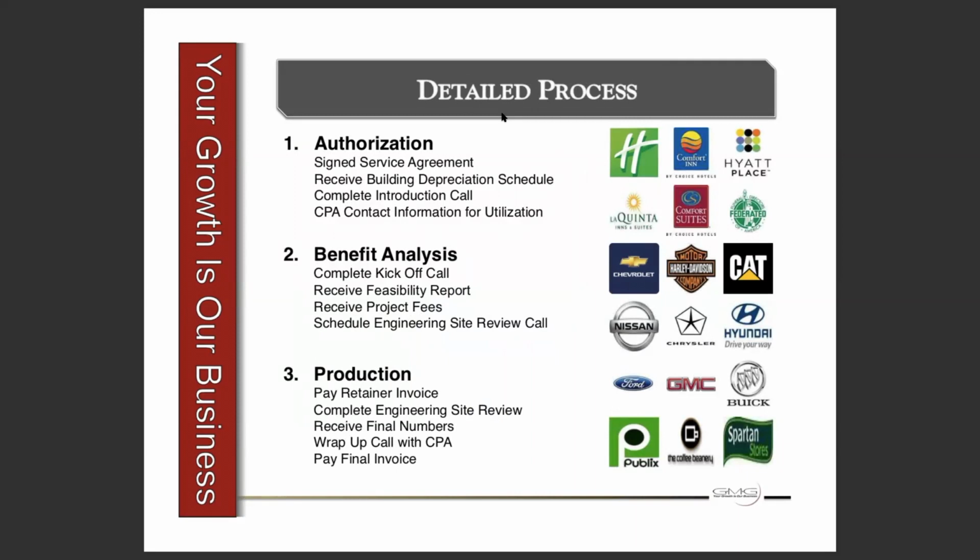So basically, if you're going to get $100,000 in savings, we're not going to charge you more than $10,000 to do the project. Now, I'm not saying that our fees are 10%, because once you get into larger projects, where we've done $1 million in savings, we're not going to charge $100,000 or more in fees.